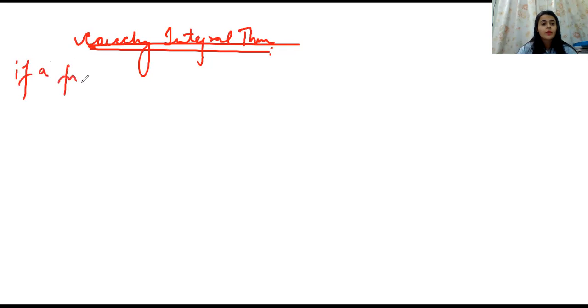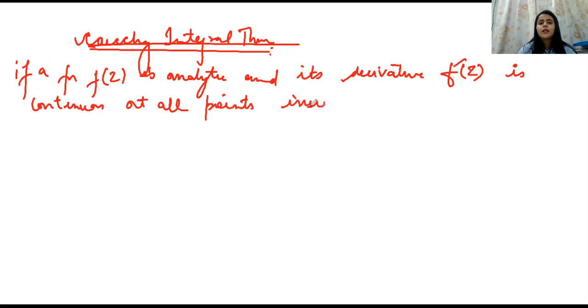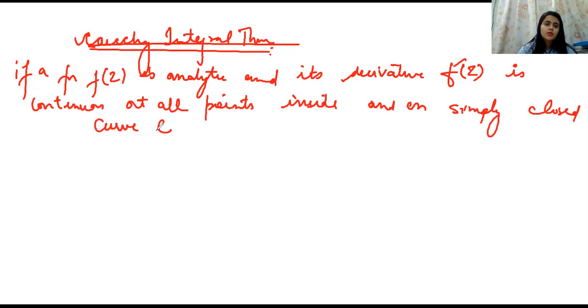If a function f(z) is analytic and its derivative f'(z) is continuous at all points inside and on a simply closed curve C, then what will it say?